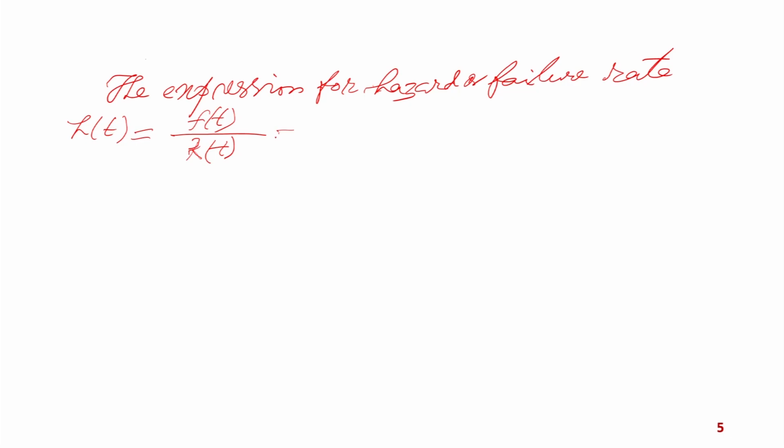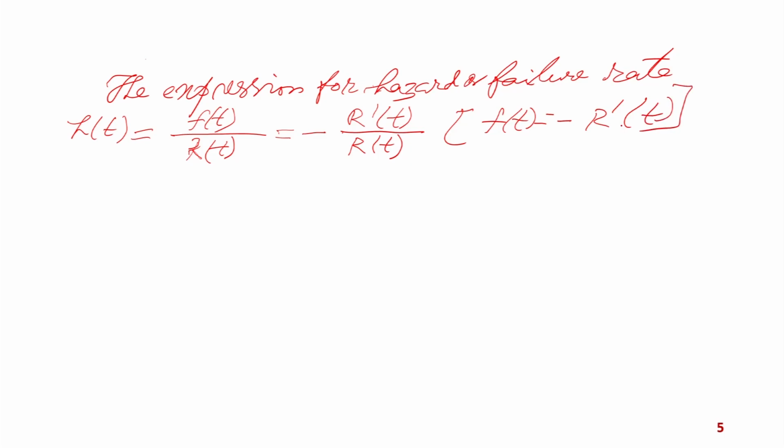So, this we can write as minus R dash, that is the derivative of the reliability function, divided by the reliability function. We could write this because f(t) is given by the minus of the derivative of the reliability function. Okay. So, I can write this as minus 1 by R(t), and R dash(t) is dR by dt.